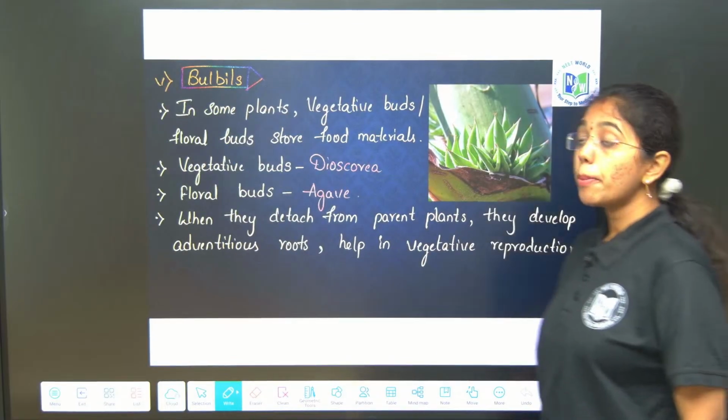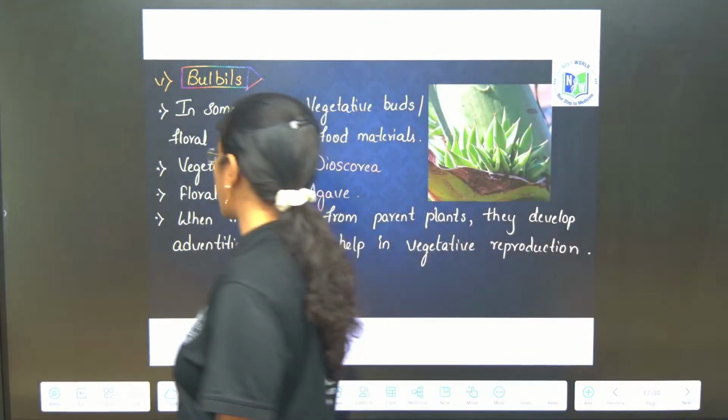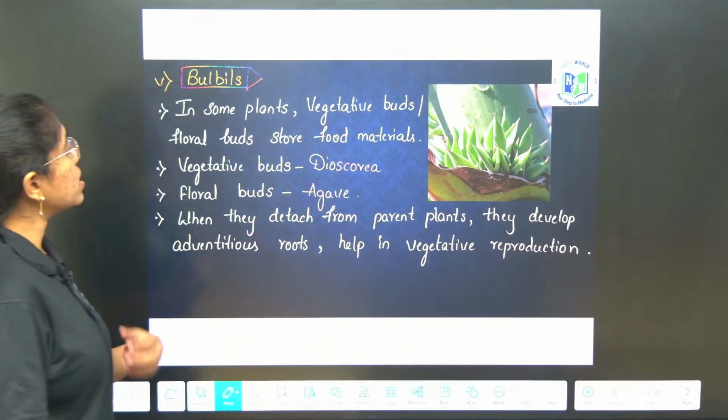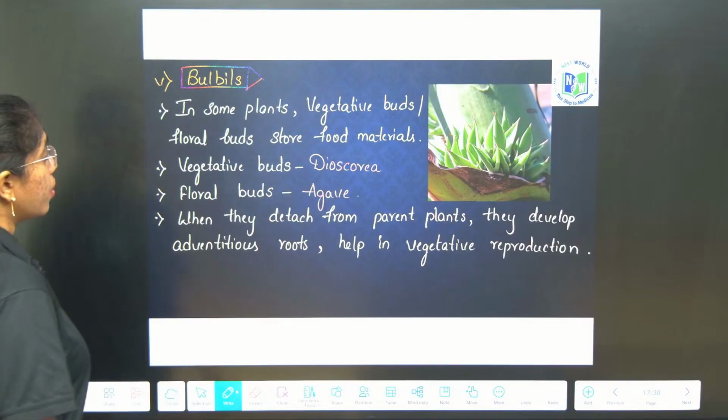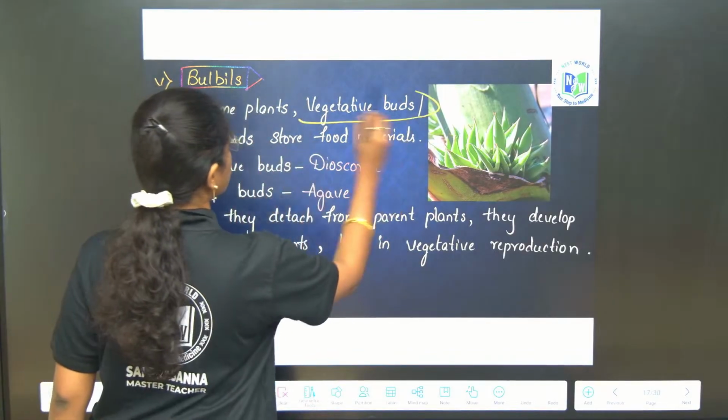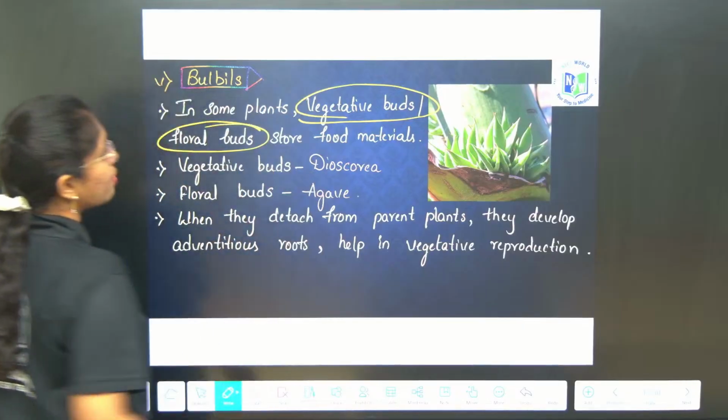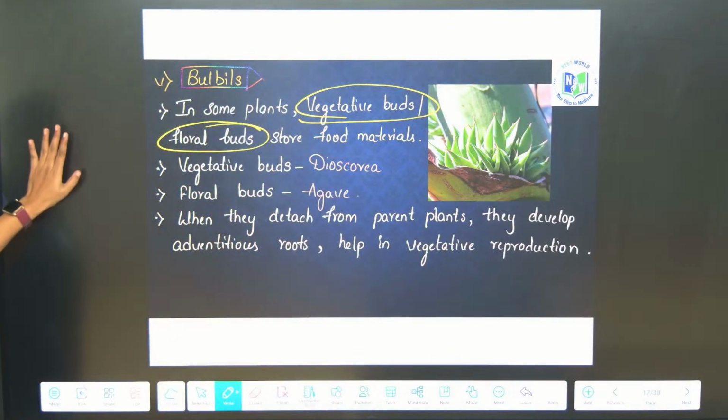Next is bulbil type of stem modification. In some plants, vegetative buds or floral buds will store food materials, okay. Such a modification is called bulbil type of modification.